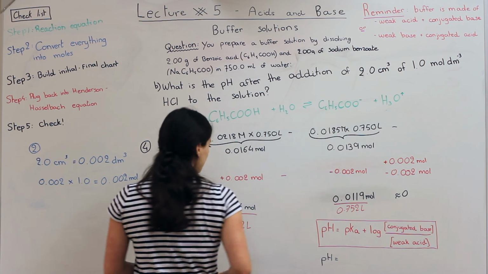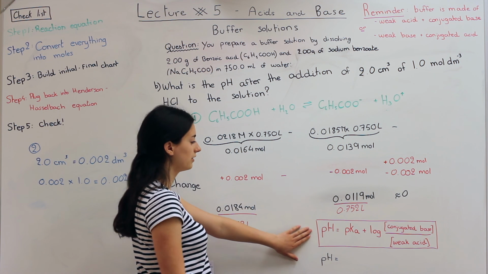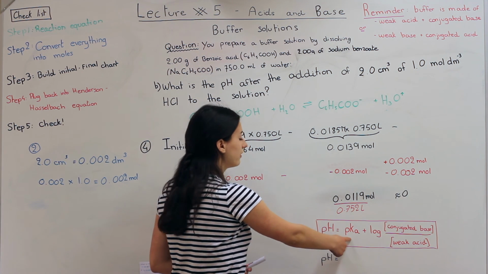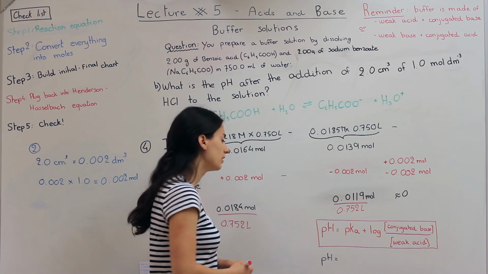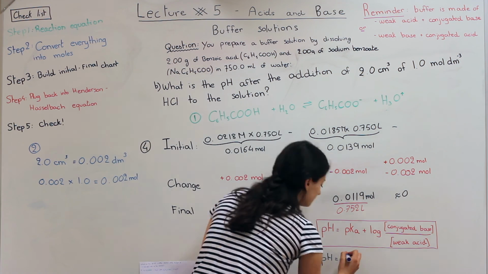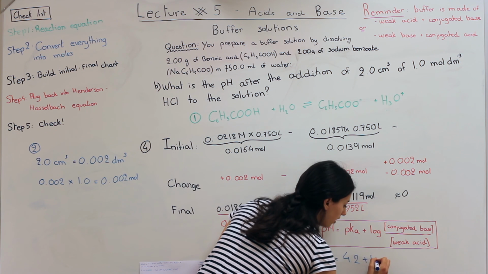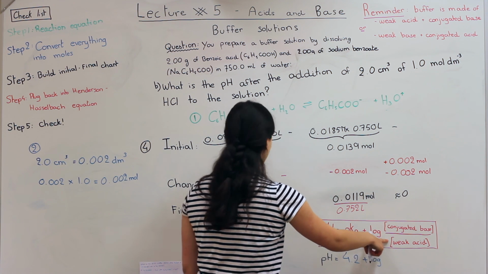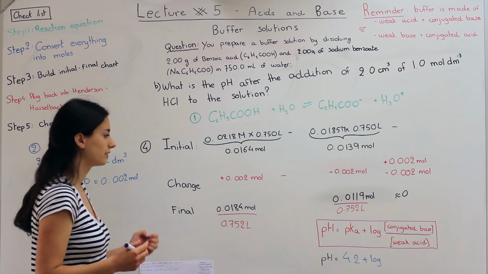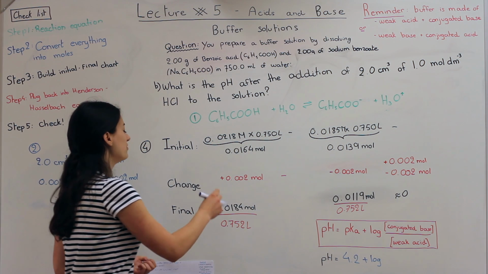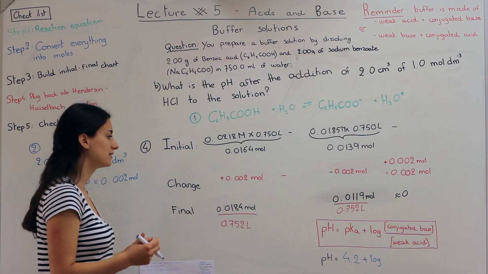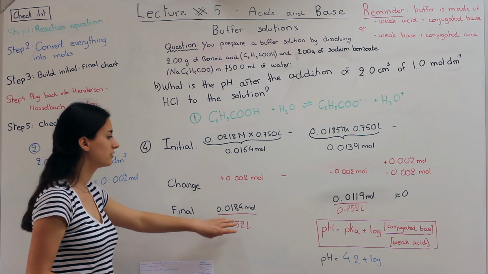Now, the next step is just to plug it back into the Henderson-Hasselbalch equation. Remember that the pKa, we already found that out in the previous video. It was 4.2. So plus the log of the conjugate base over the weak acid. Now, if you remember your math skills, when you divide two fractions which have the same denominators, you can just cancel them out.